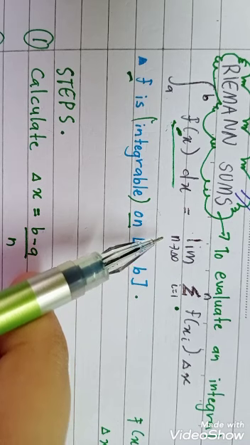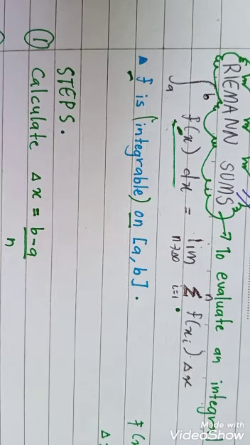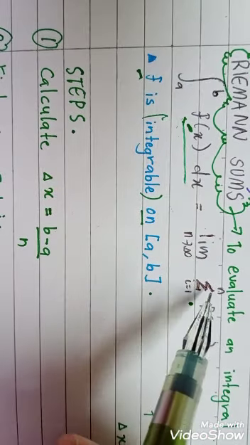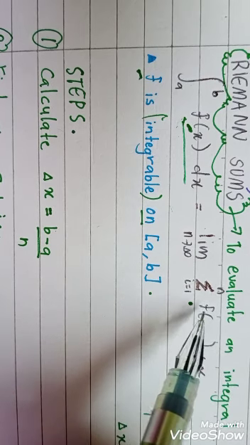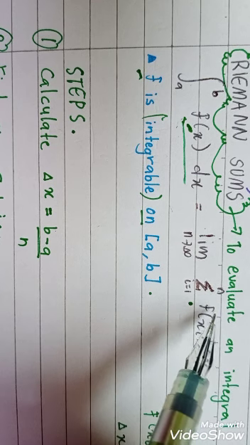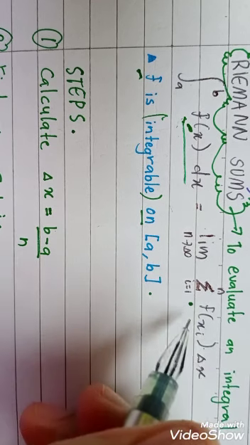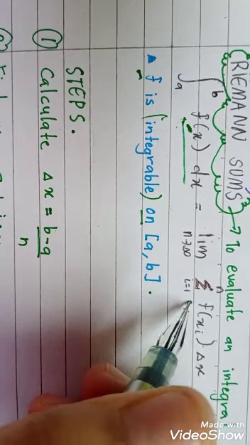equals the limit as n approaches infinity of the sum from i equals 1 to n of f(xi) times delta x.